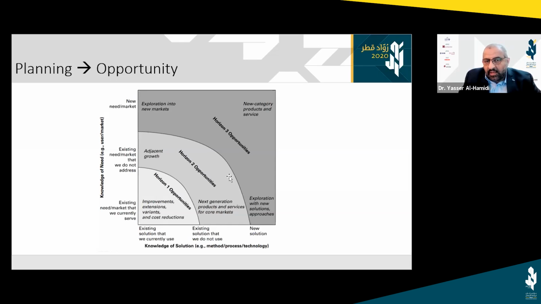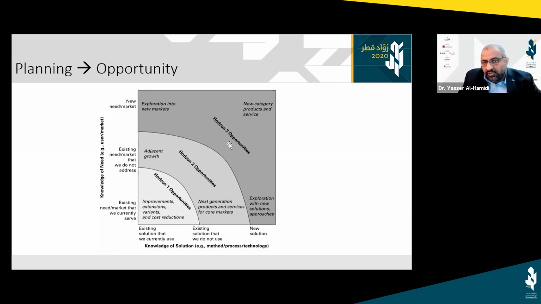As you can see here, I wanted to show you this. You have different horizons, and the higher the horizon, the more the risk in your business. If you are aware about the technology and the market, then your idea falls under the horizon 1 opportunity, which is a very low risk investment.